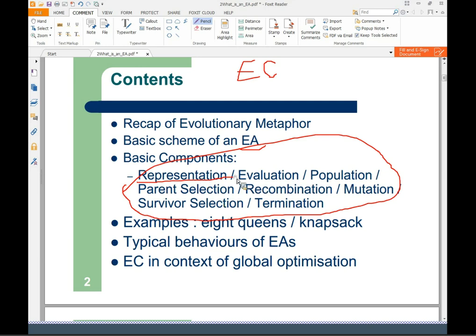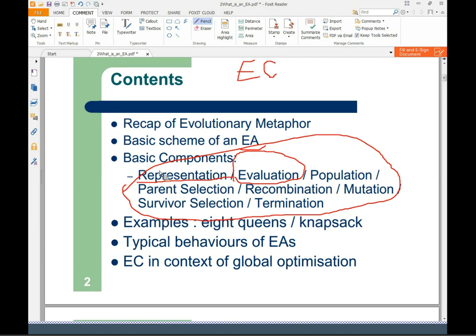Another is evaluation. Evaluation, or fitness function, is the most important part of each EA. A fitness function is a program, some formula that can find the score or evaluate each individual.